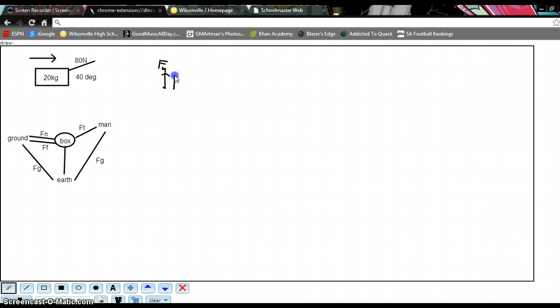The normal force, and because you have to split this angle into Fx and Fy, this would be our Fy, this would be our Fx, this would be our gravitational force, and it would be a little longer because the normal force and the Fy have to add up to the gravitational force, and then the friction force would be there.